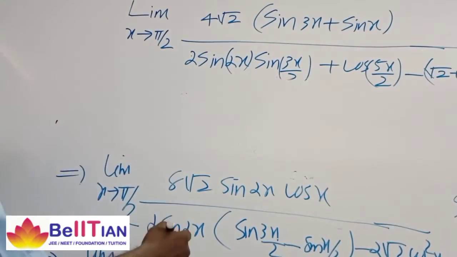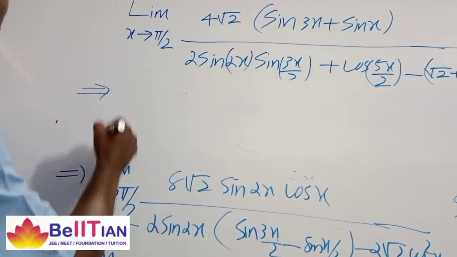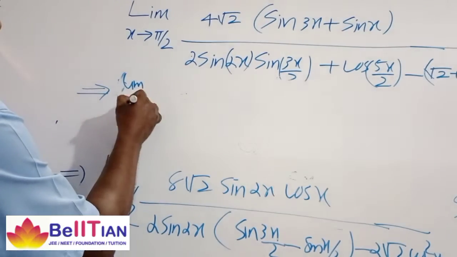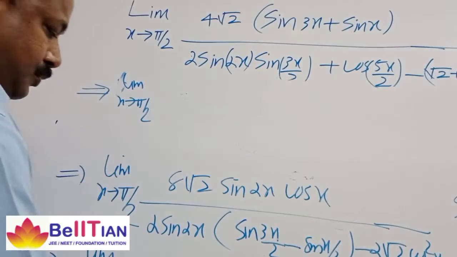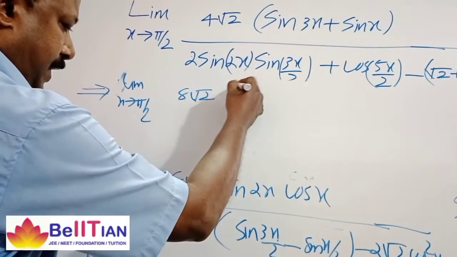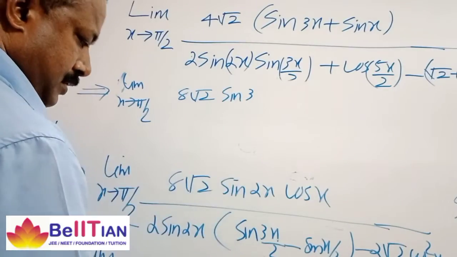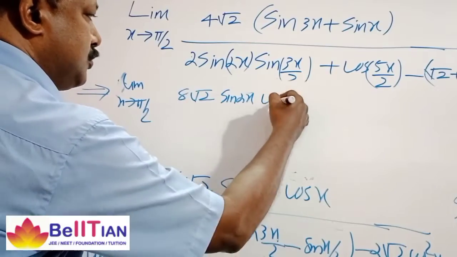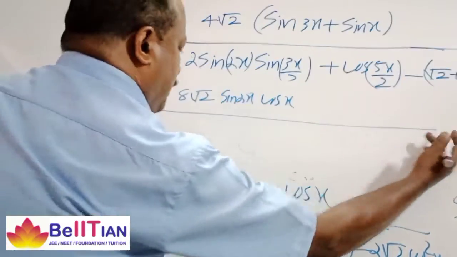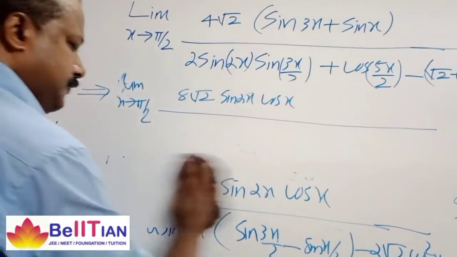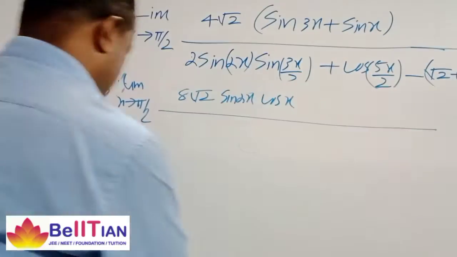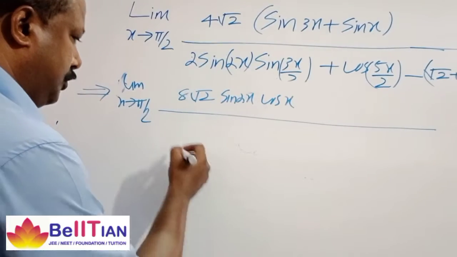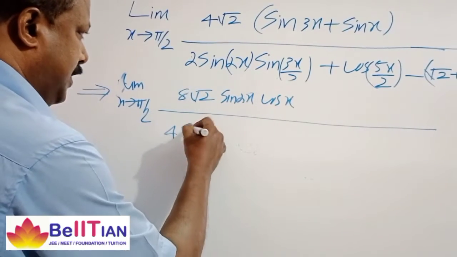Now this is the next step. Limit x tends to pi by 2 of 8 times root 2 sine 2x into cosine of x, the whole divided by 2 sine 2x, that is 4 sine 2x.